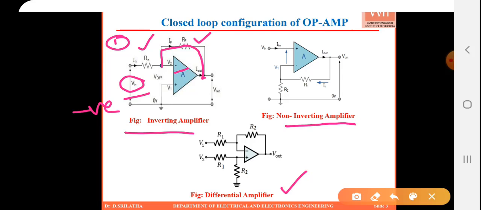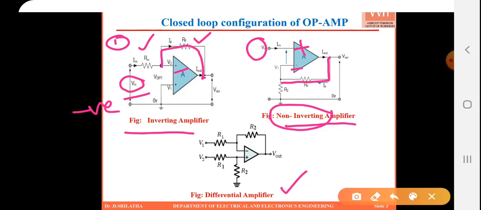Now coming to the non-inverting amplifier, the second mode, this is the positive terminal and this is the negative terminal. Here we connect the source VIN to the positive terminal, the non-inverting terminal. Hence it is called non-inverting amplifier, and the feedback is connected to the negative terminal.